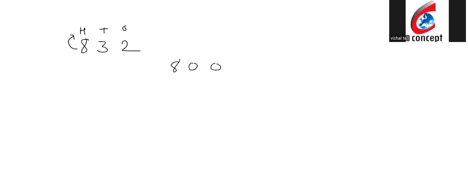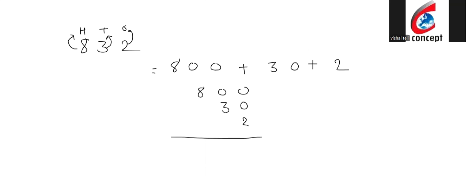The place value for the 8 is 800, plus place value for 3. 3 is in place tens, so it will be 30, plus 2 is in place ones, so it is 832. If you do addition, how do you perform addition? Just write down the numbers one below each other. All right, let's do addition. 0, 0 plus 2, 2. 0 plus 3, 3. Look at here, we got the same number as in here. Do you see?